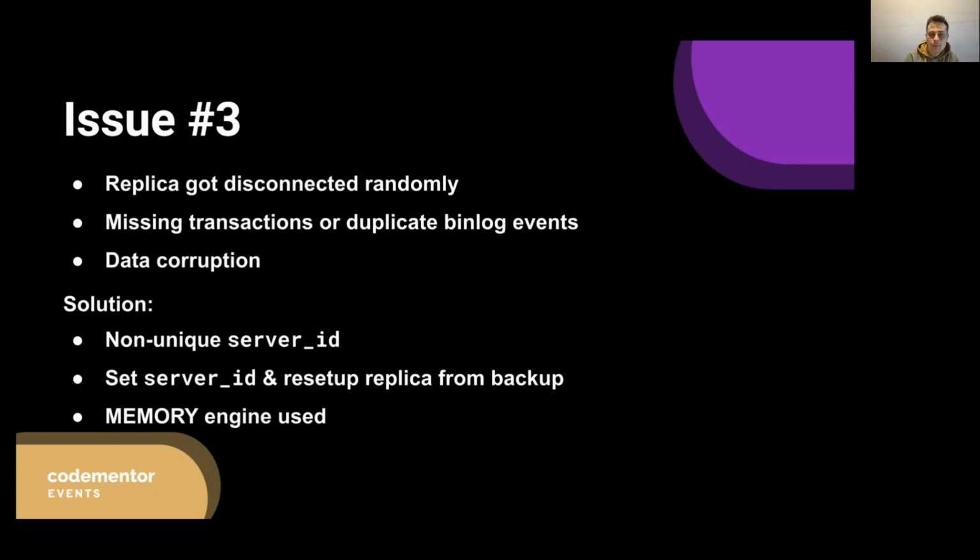So it will just skip these events, and in the future, when events from a different server ID appear, it will not be able to apply them because there are no such rows in the database. And the solution is simple: set the correct server ID, drop the current database because data is corrupted, set up again from backup, and you will get things working.